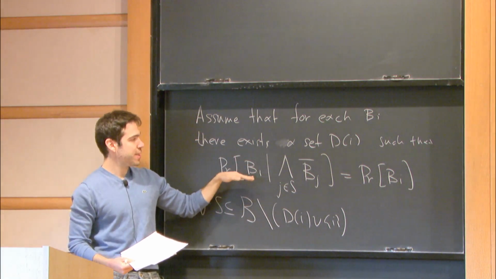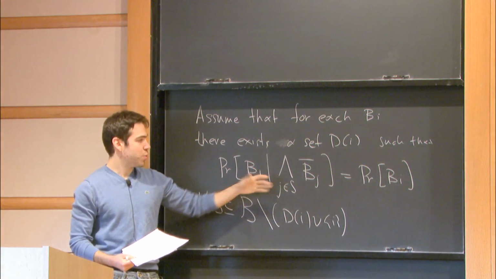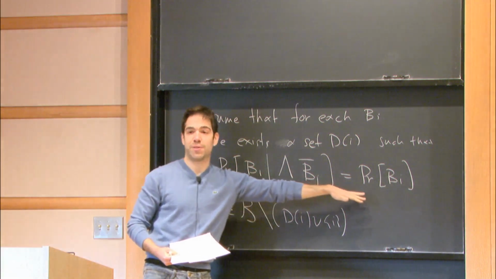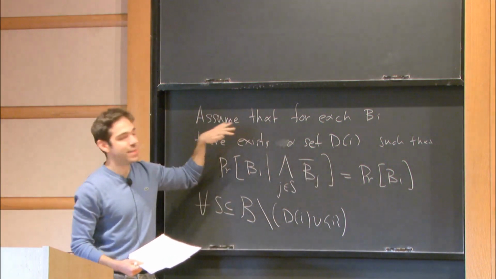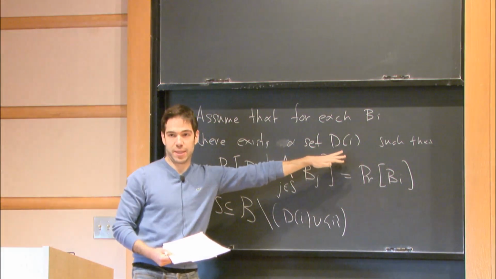What this statement means is that for any other set of bad events, conditioning on them does not affect the probability of B_i. So B_i is independent of all bad events but those in D_i.